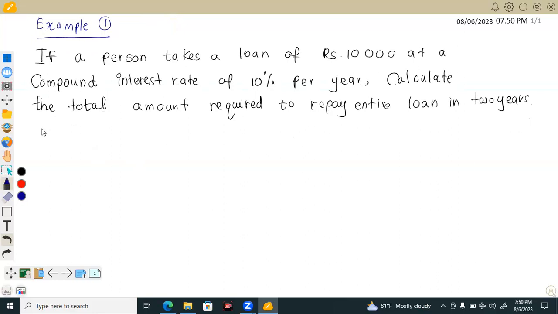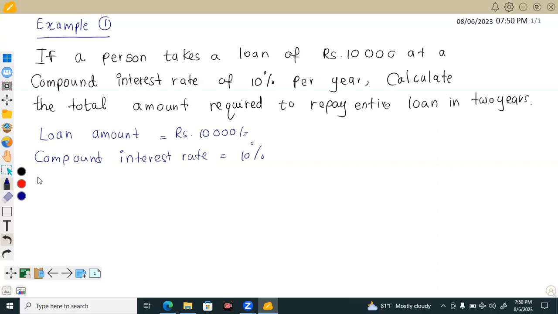Then first of all, let's see what is the loan amount. It is 10,000 rupees. And compound interest rate is given as 10%.